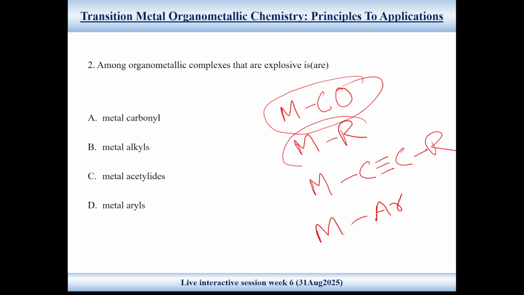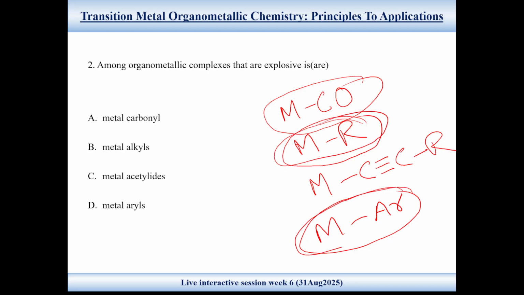Metal alkyl complexes and metal aryl complexes are also stable and they are not explosive. We use these complexes in the Grignard reagent, RMgX.